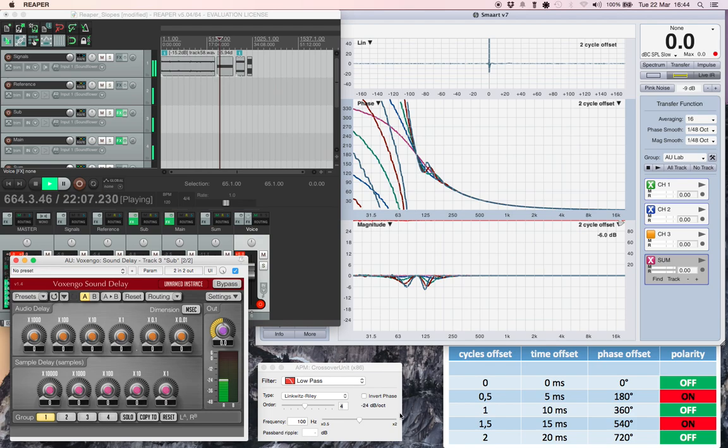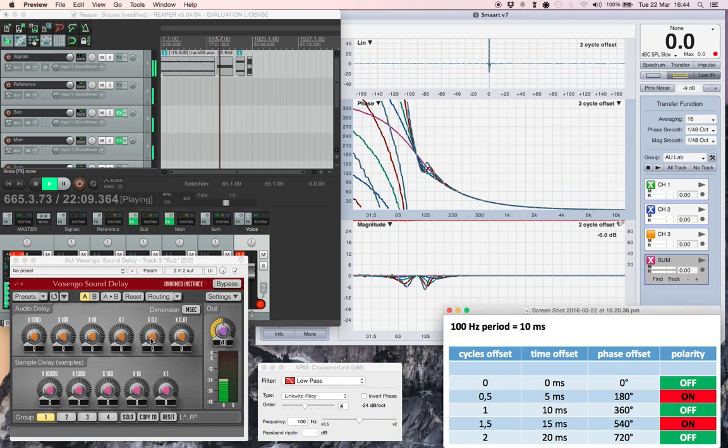But let's see what happens when we go to half a cycle. That should sound like cancellation, because both signals are now half a cycle apart.